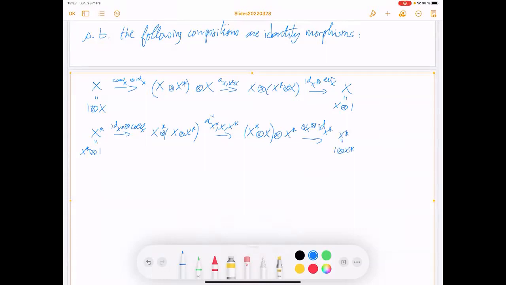So this is the identity. These two compositions provide a map from X to X and from X star to X star, and by assumption they should be the identity.